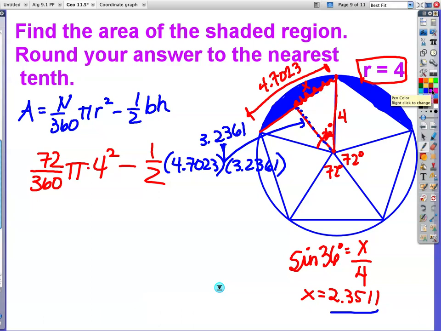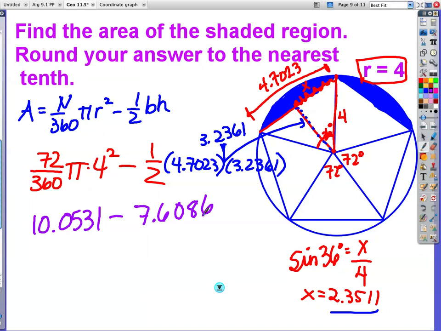All right. And then we calculate 72 divided by 360 times pi times 16. This part, and this is a good way to check to see if you're doing this calculation right. Go ahead and check it yourself. 0.5 and do the little pieces. 4.7023 times 3.2361, and I'm getting 7.6086.